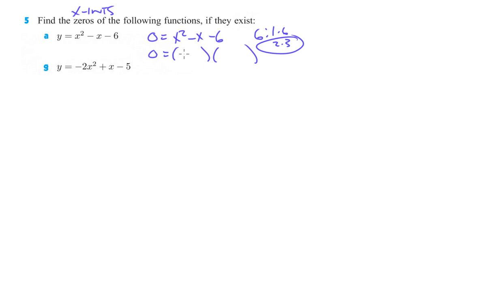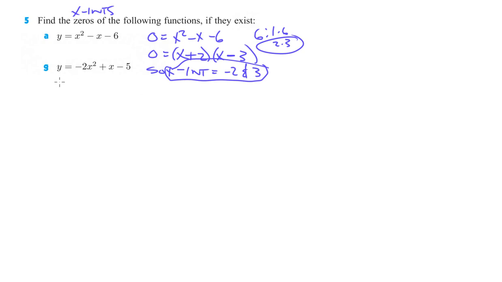That's going to be the 2 and the 3. So x, 2, 3. This sign in the middle always goes with the bigger of the 2. And then a negative times a what gives us a negative? Negative times a positive. So our x-intercept is going to be negative 2 and positive 3.